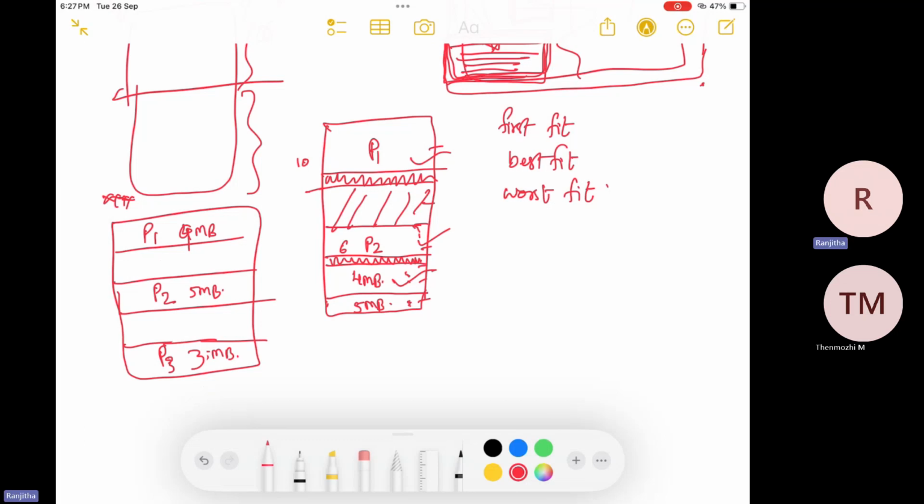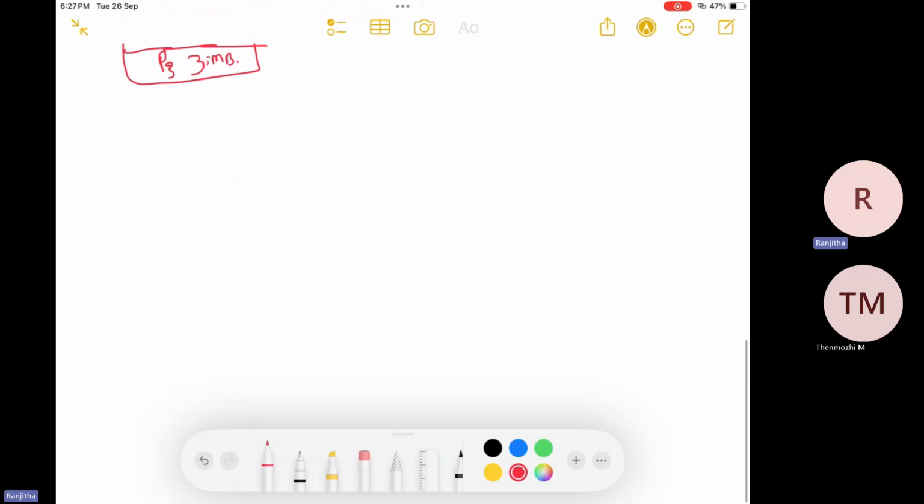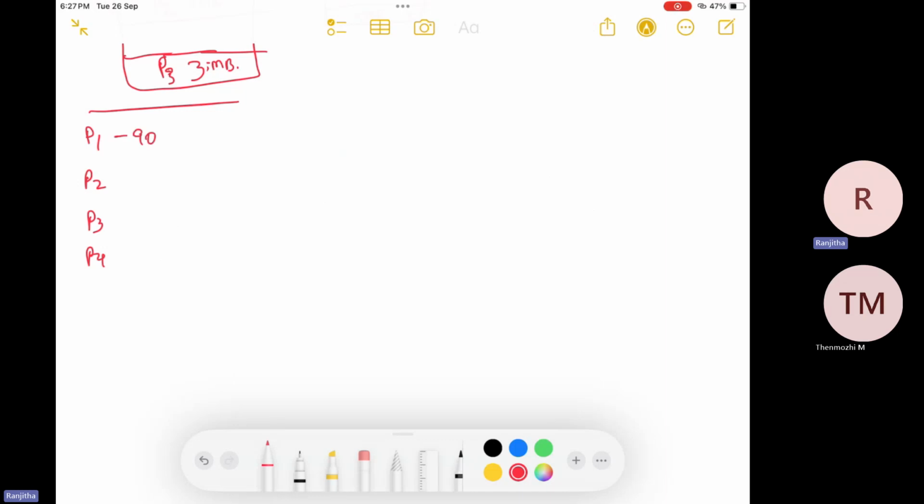Let's look at an example before we move to the next topic. Assume that we have four processes, P1, P2, P3, and P4, with process sizes 90 KB, 50 KB, 30 KB, and 40 KB.